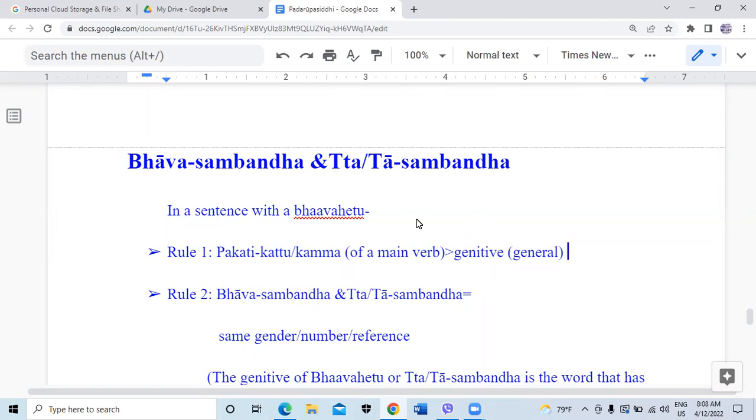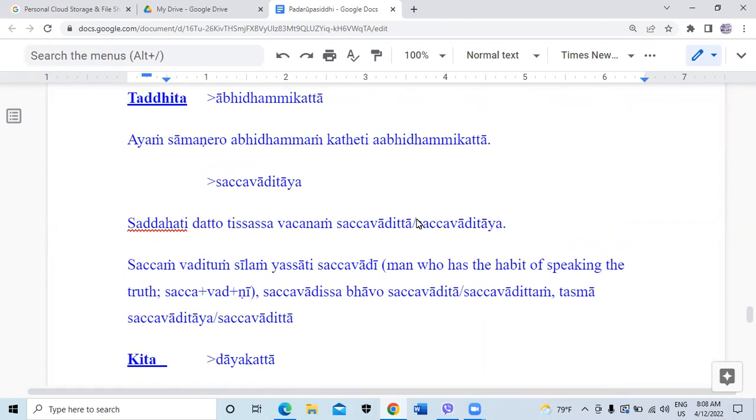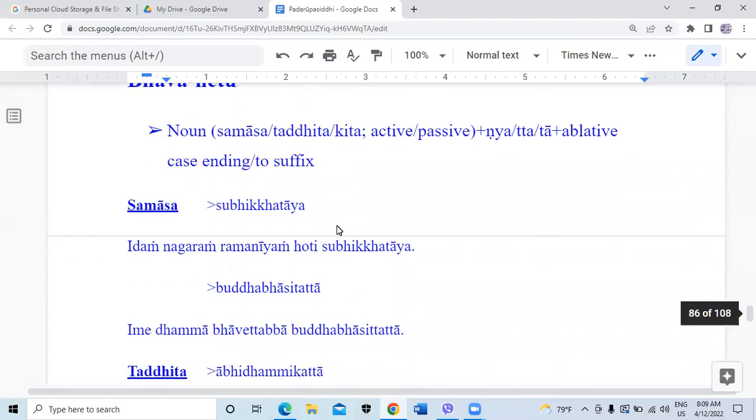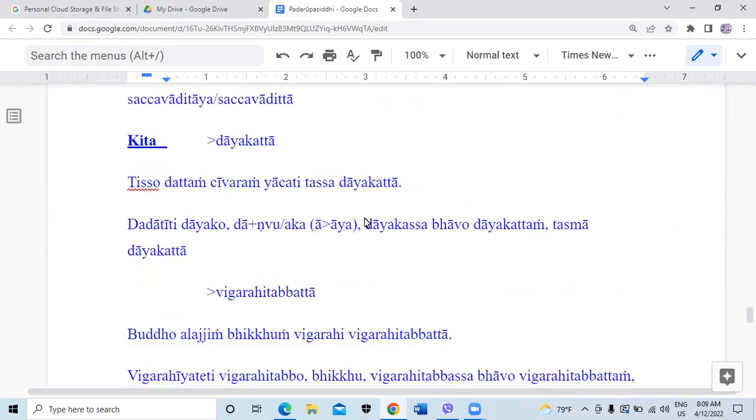This Taddhita also, as I already told you above, is like a predicate. They are also like a verb. For example, Taddhitakaṇḍa.